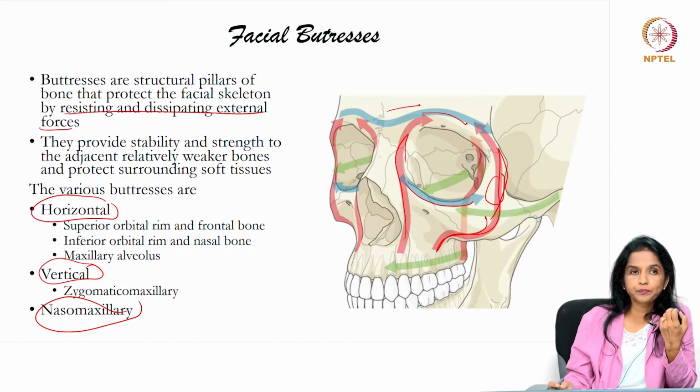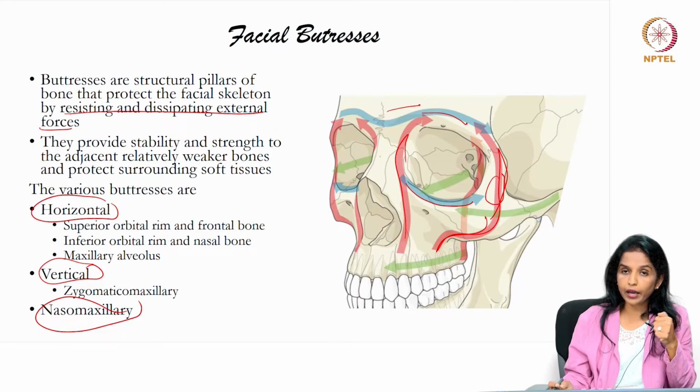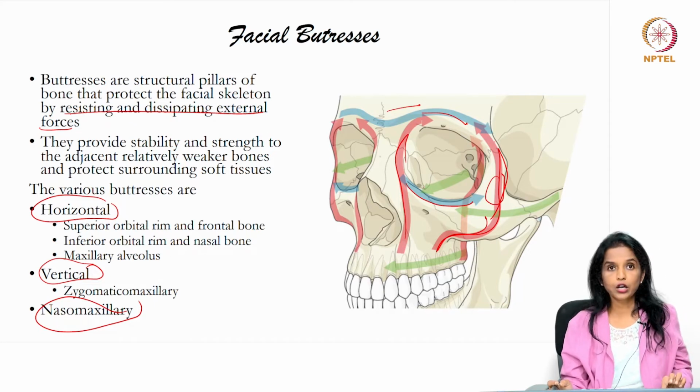These buttresses help to resist and dissipate external forces which can happen at any time. It can be a physical assaulting force, or it can be due to maxillofacial trauma.